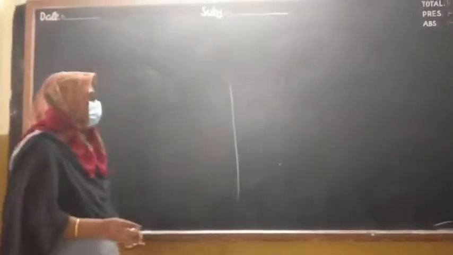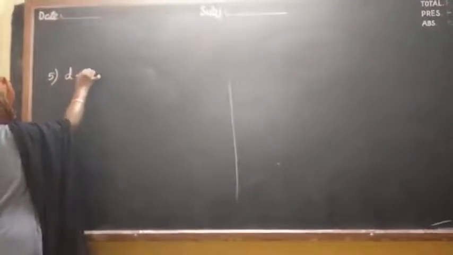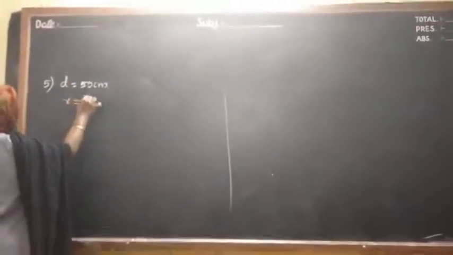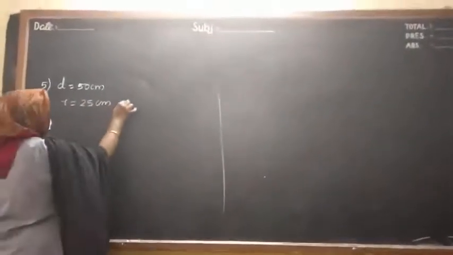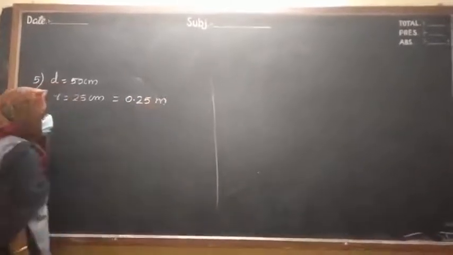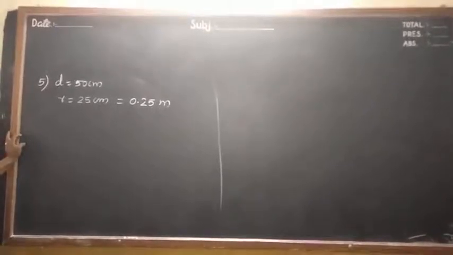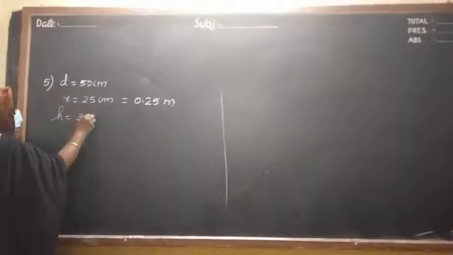So D is equal to 50 centimeter, or R is equal to 25 centimeter, 50 divided by 2. You can convert that into meters because everything is given in meters. So height is equal to 3.5 meter.